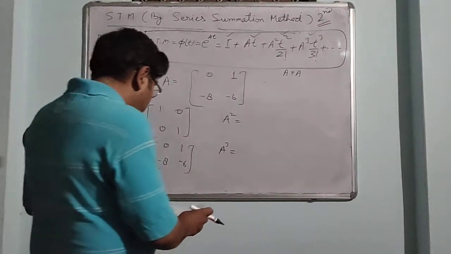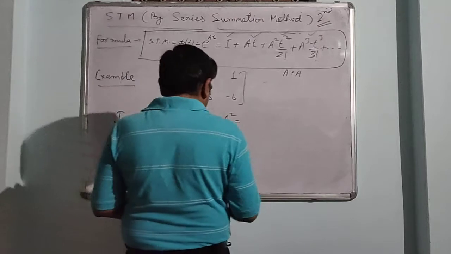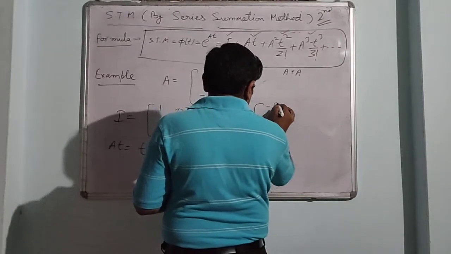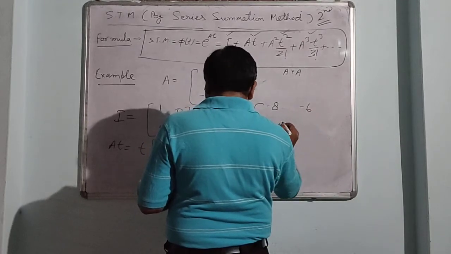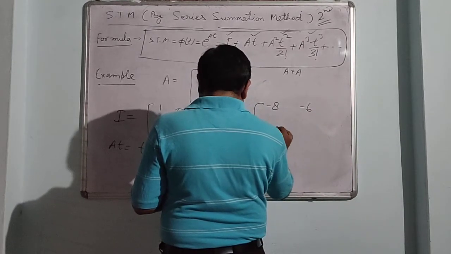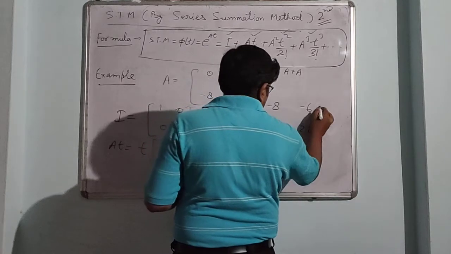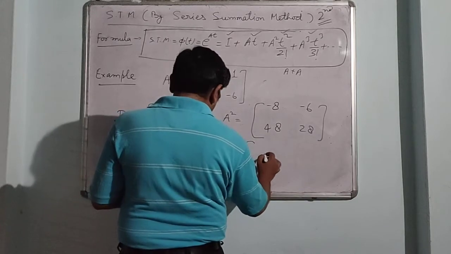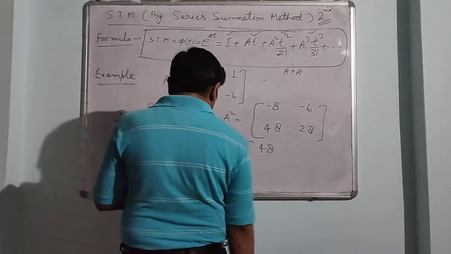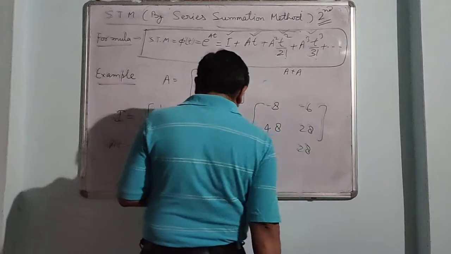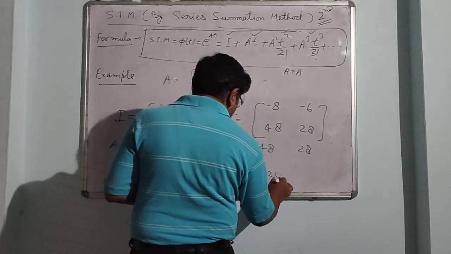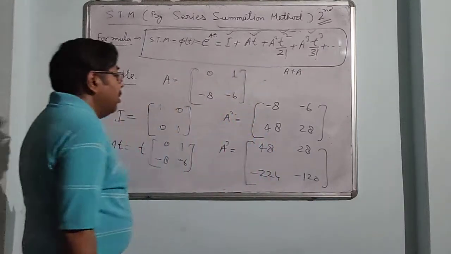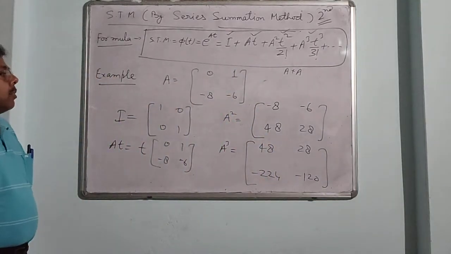So A square for this is, after computation, you get minus 8 minus 6, 48 28. Similarly for other terms, this is 48 28 minus 224 minus 120. So these are terms.